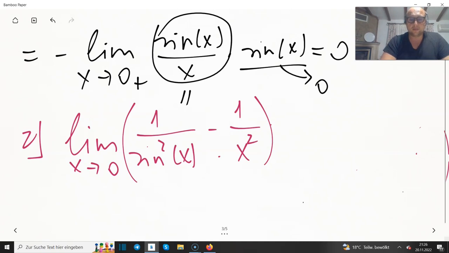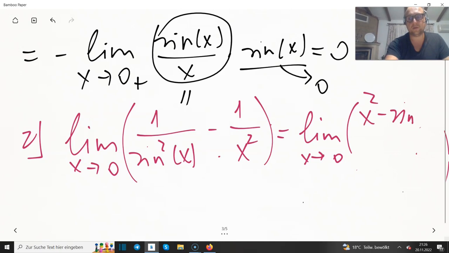But we know that x and sine of x are very close to each other at 0. So let's bring it first to the same denominator, see what's happening then. So we have x squared minus sine squared of x here, and now we have x squared times sine squared of x.